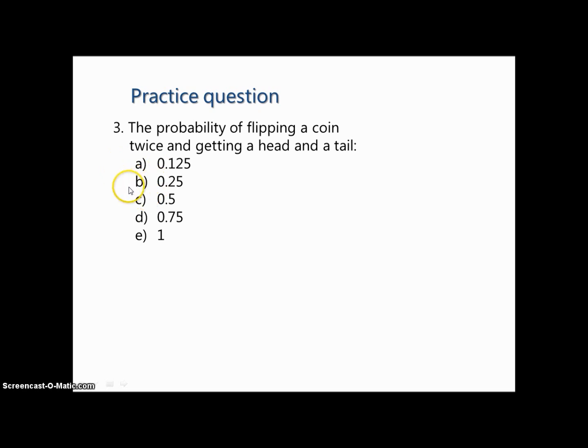Oh, sorry. The probability of getting a head and a tail is 0.25. The probability of getting a tail and a head is 0.25. You add those and you get 0.5. And this is the probability of getting a heterozygote as well in a monohybrid cross.